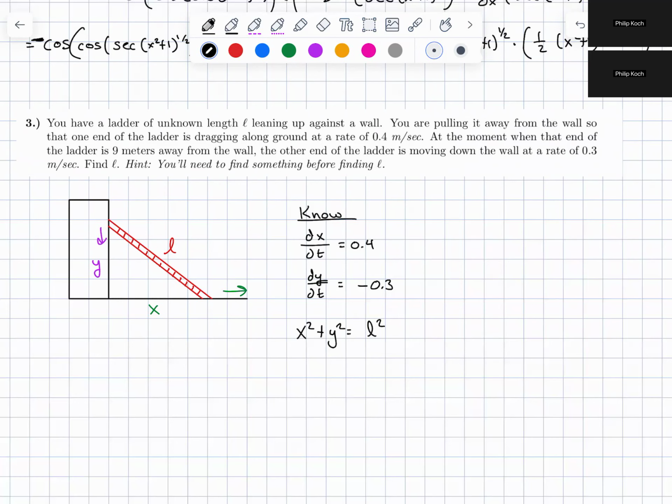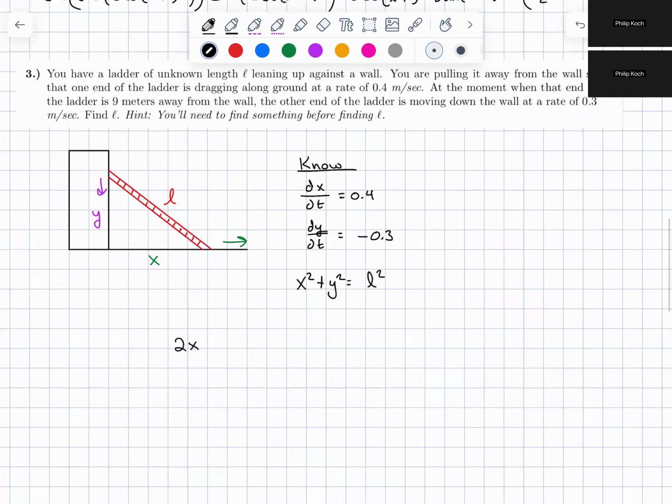And then we'll differentiate and see what happens. We get 2x times dx/dt plus 2y dy/dt equals 2L times dL/dt, right?